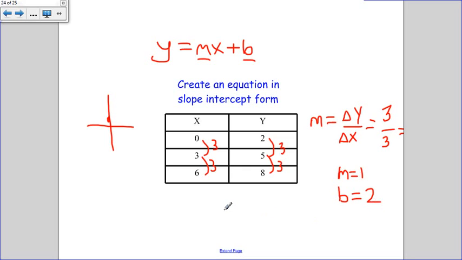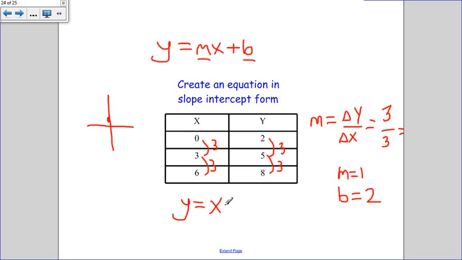Now we're ready to write our equation, and we're going to write it in slope-intercept form. So it's going to be y equals, our slope is 1, so our m equals 1. So we could write a 1 there, but we really don't need to. We just need an x. So anytime we see an x, we know that there's a 1 in front of it.